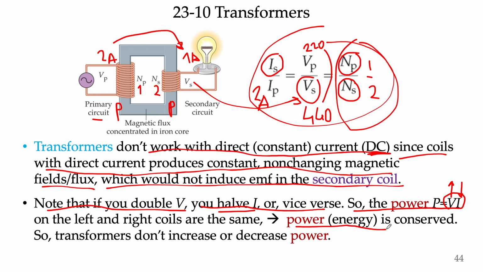Remember, power is energy divided by time. Because energy is conserved, you really don't change power either. So transformers don't increase or decrease power. They can increase or decrease the current and the voltage, but not the power.